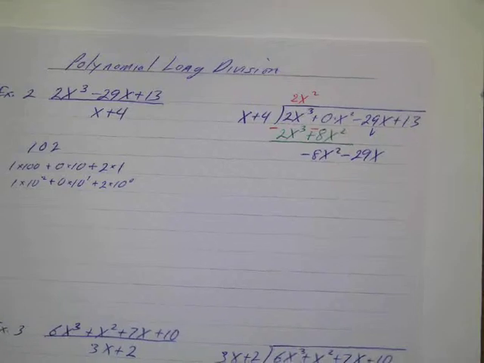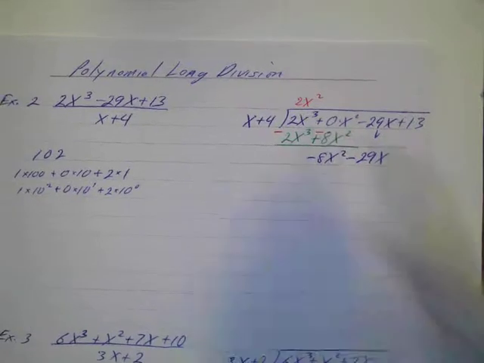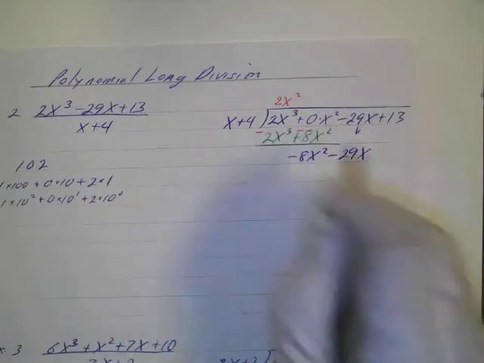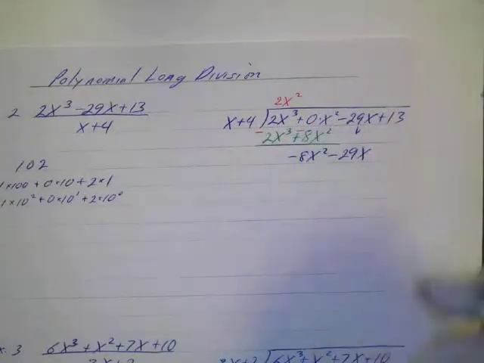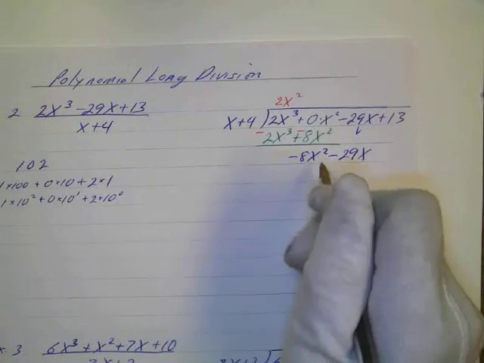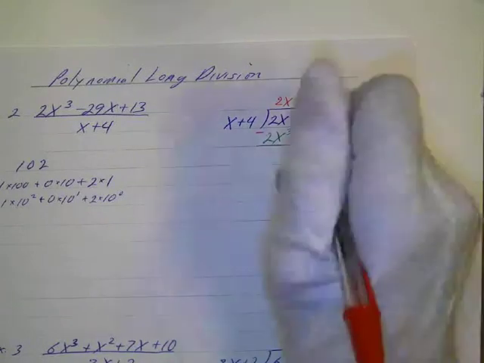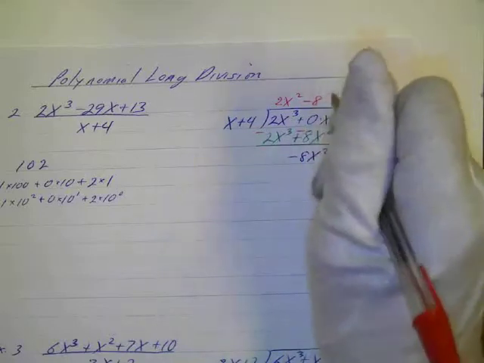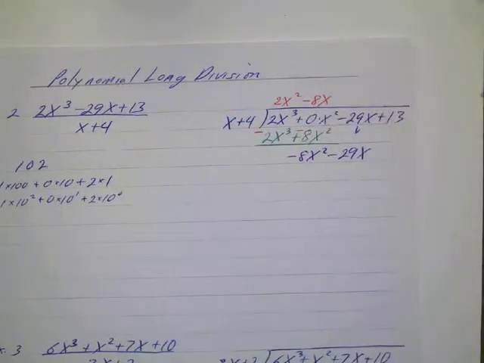So it's relatively straightforward. Just remember to put the placeholders there if we're missing. Oh, descending power. 3, 2, 1, 0. Okay, and then what do we have to multiply this x by in order to get negative 8x squared? So I need a negative 8 and an x. And that should do it. So I'll multiply.